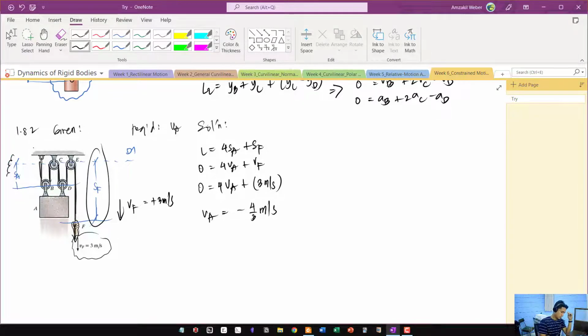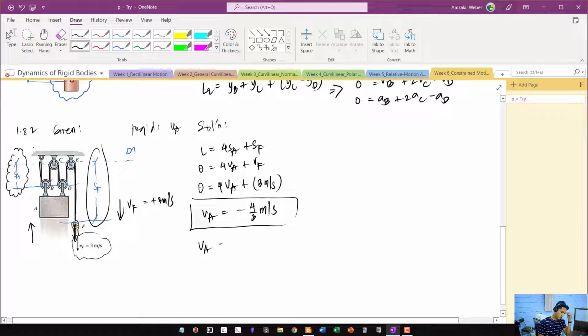So in what direction will SA decrease? For A, this means upward. So you can answer this one, or you can answer like this, 4/3 meter per second, provided you have given a direction.